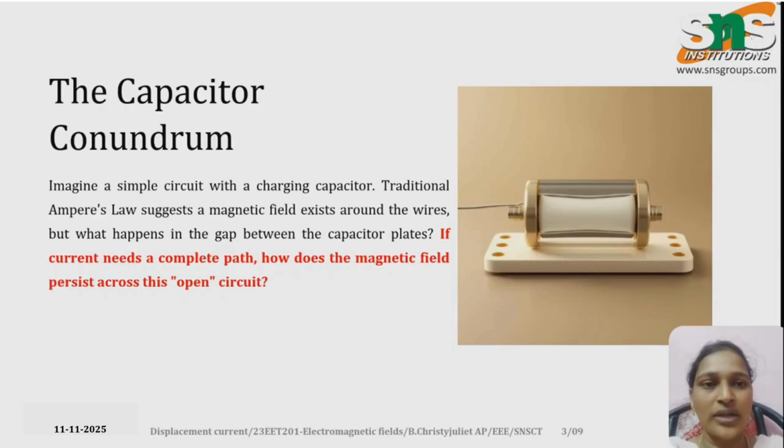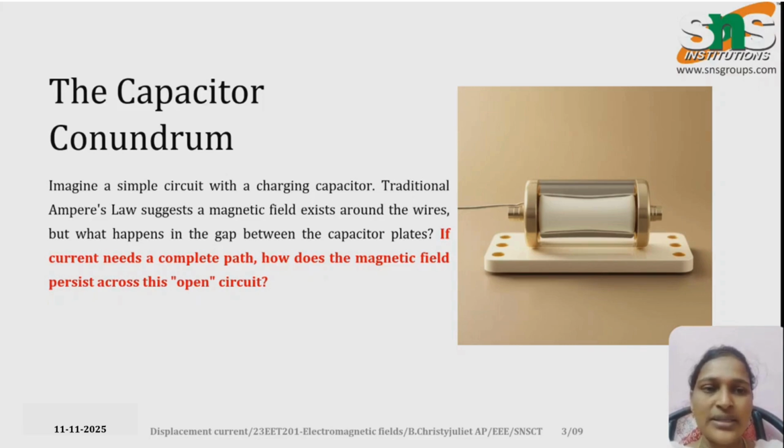Now let's get into a case study. Observe a capacitor where you are charging it. Traditionally, Ampere's law suggests that there is a magnetic field that exists around the wires in a closed loop. But what happens in the gap between the capacitor plates? We know that a parallel plate capacitor will have two plates with a dielectric medium in between, right?